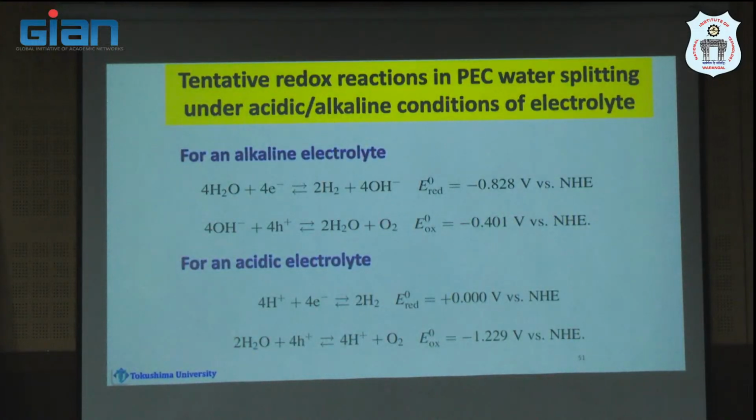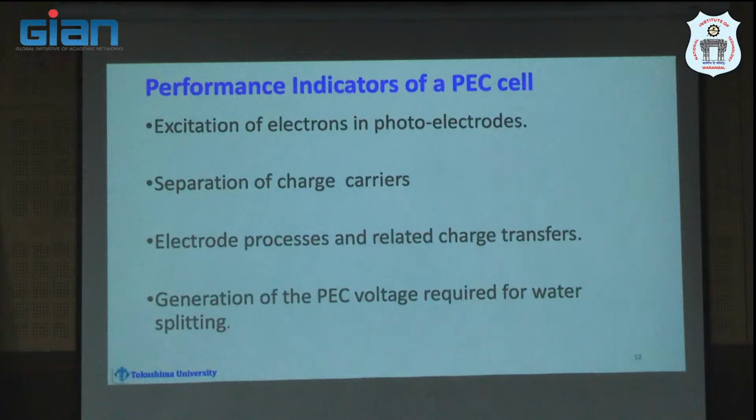This is the pure chemical reaction, oxidation and reduction. I will not tell you the detail, as most of you are not from chemistry. Performance of these PEC, photoelectrochemical cells, depends on the excitation of electrons in the photoelectrode.